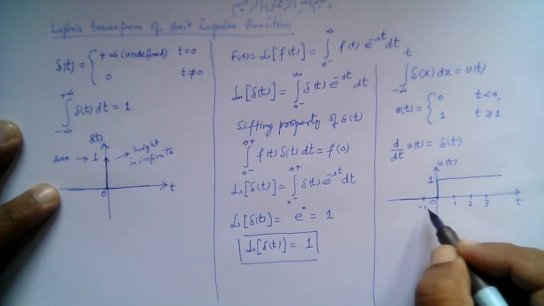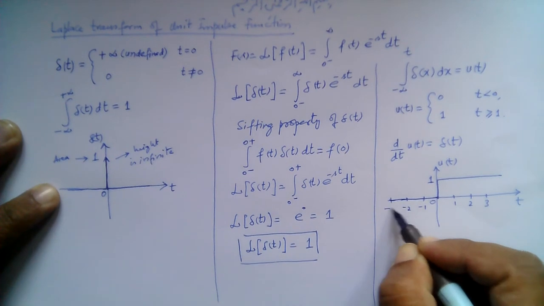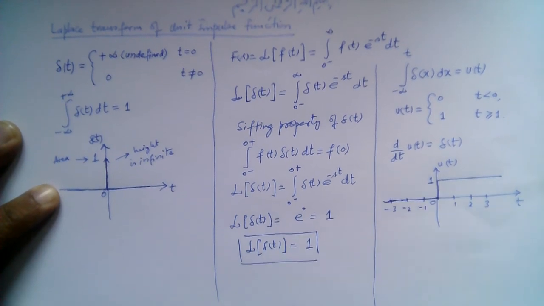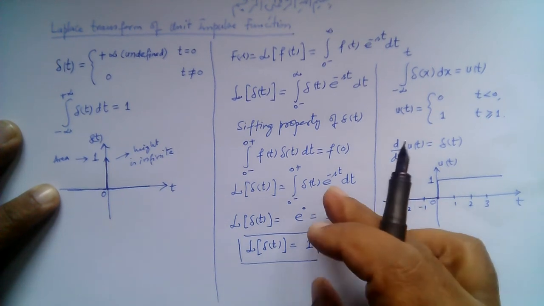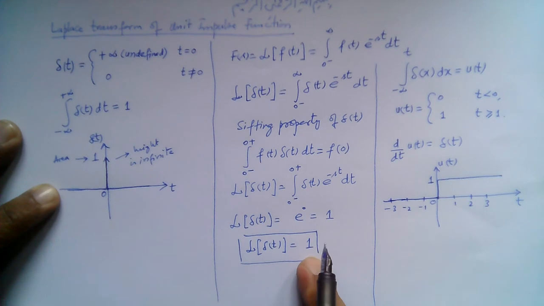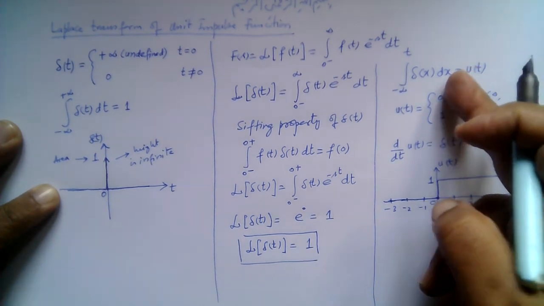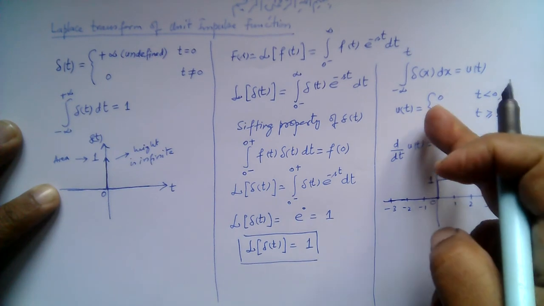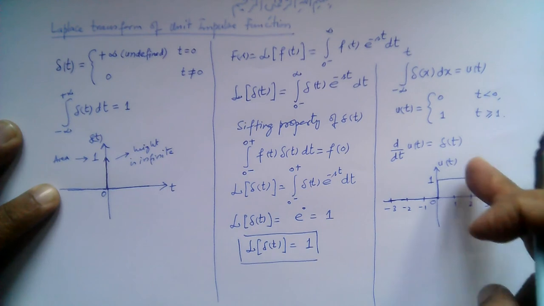This is -1, -2 and -3 and so on, right? This is the unit step function. So the Laplace transform of a unit impulse function is 1, and if we integrate a unit impulse function, we get the unit step function, and if we differentiate the unit step function, we get the unit impulse function.